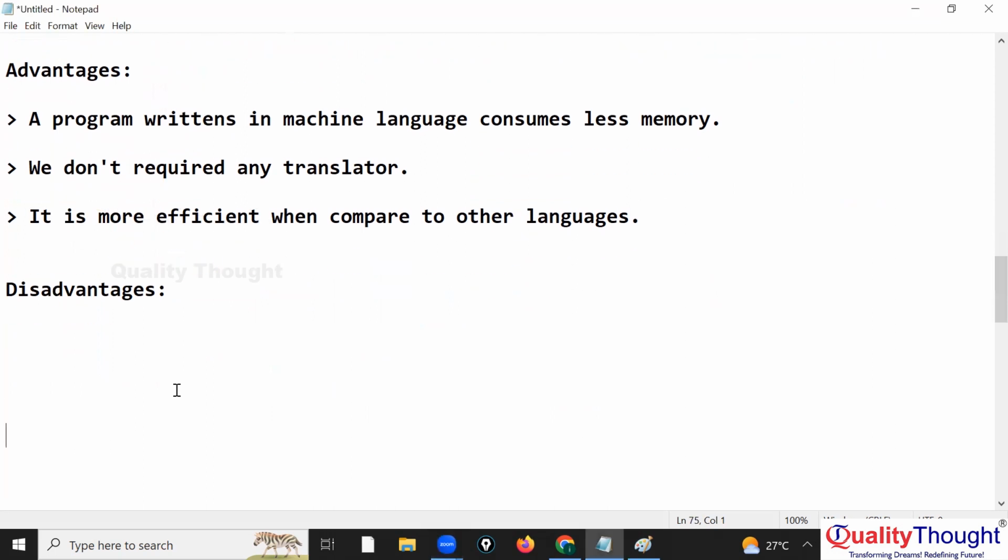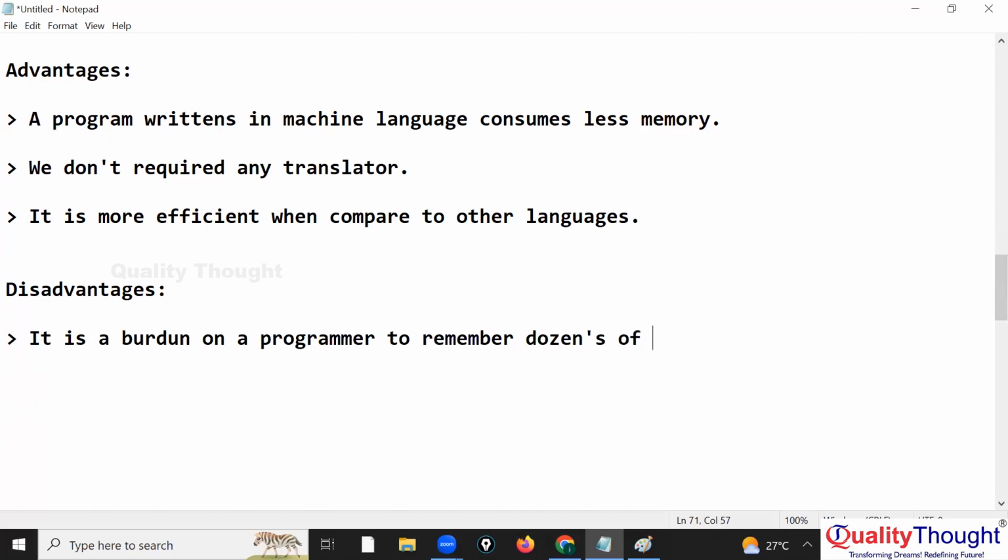Disadvantages. Disadvantages means I will show you guys. The first disadvantage is it is a burden on a programmer to remember dozens of binary code. Because machine language is a what? Binary code.